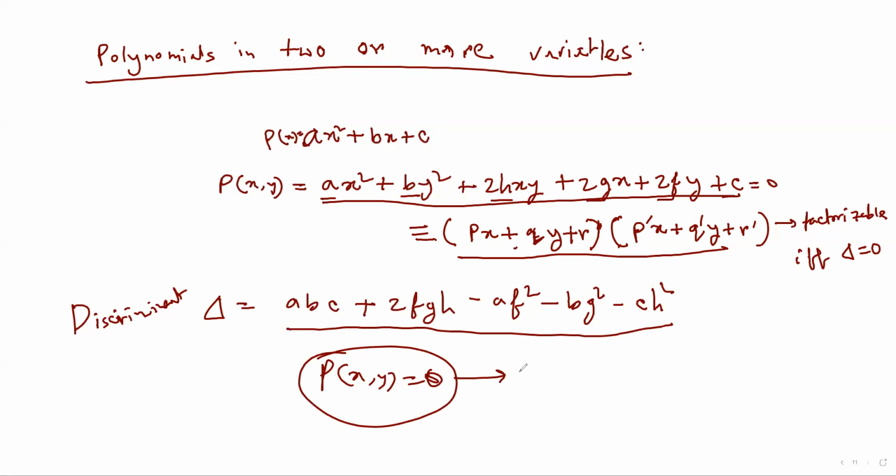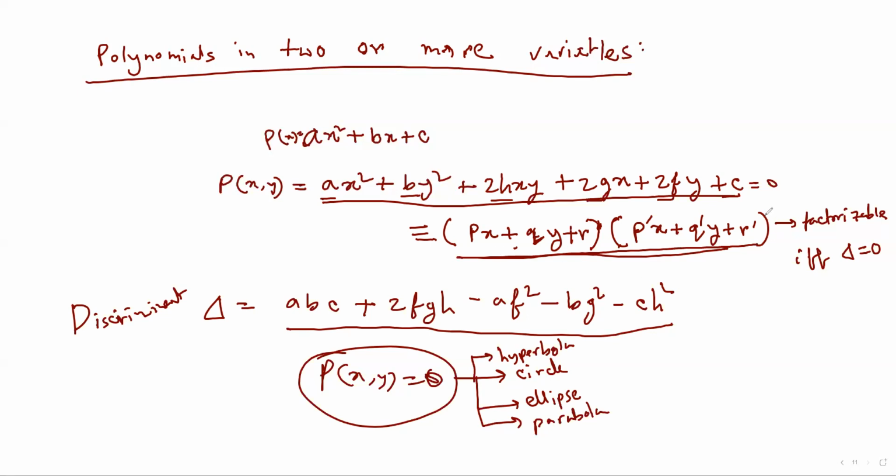Depending on the coefficients, it may represent a circle, it may represent an ellipse, maybe a parabola, maybe a hyperbola, and none of these can be represented if you can just factorize them into two linear factors.